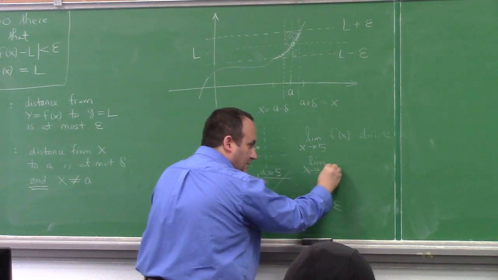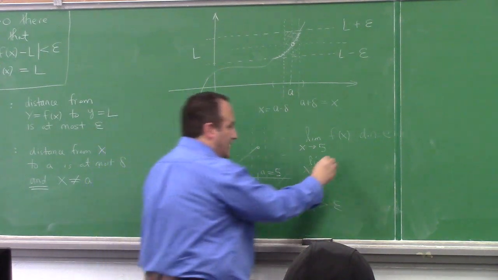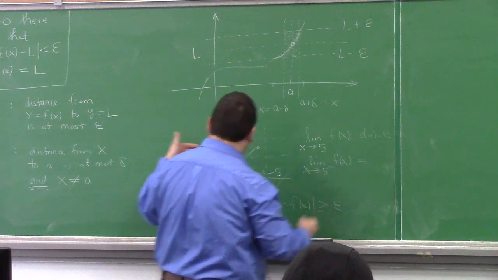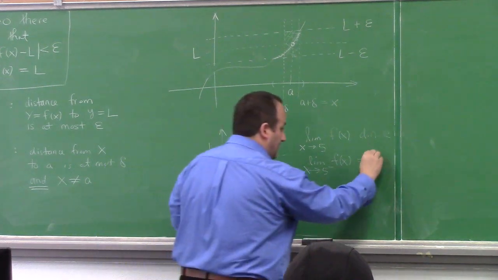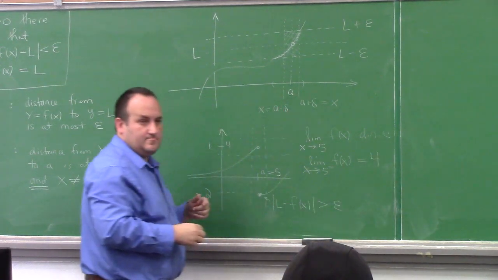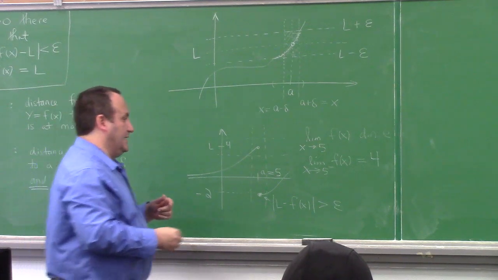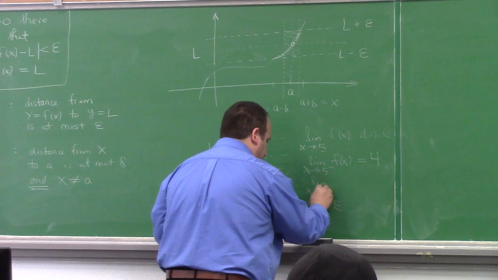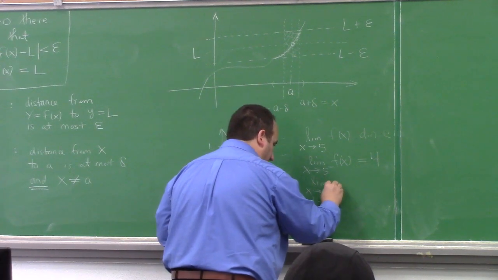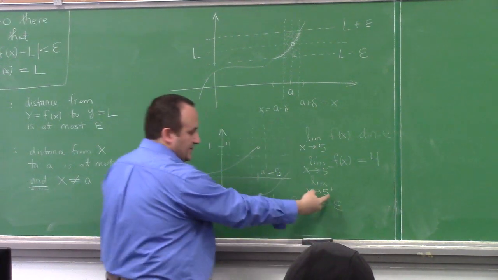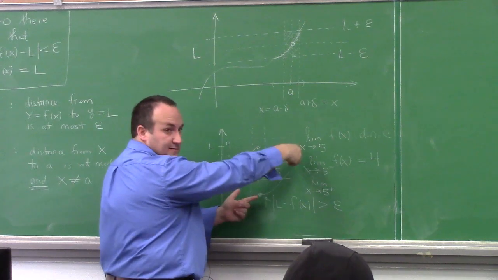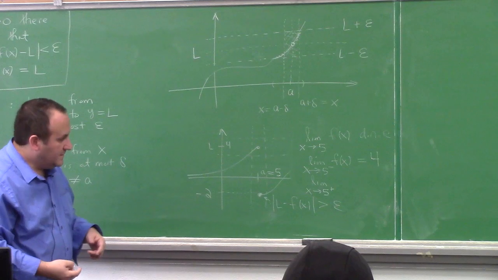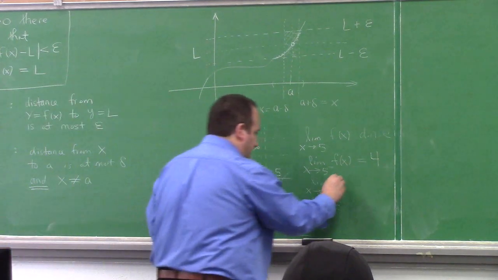And we say the limit as x approaches 5 from the left of f of x is 4. And the limit as x approaches 5 from the right, this little plus means we're over here. If you just consider values to the right, the limit of f of x is equal to what?